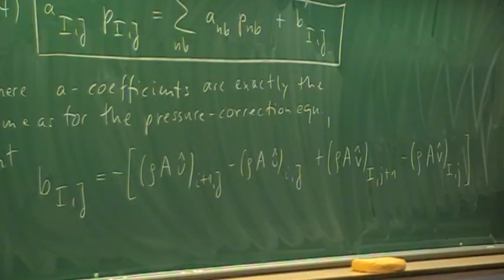So that means that it is similar to the B in the pressure correction equation, but it is not based on the preliminary velocity components u star and v star, but on the pseudo velocities. So that is the difference.